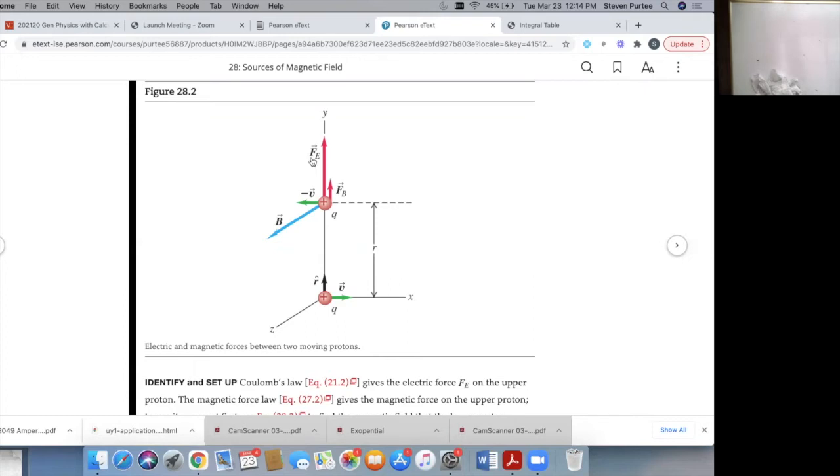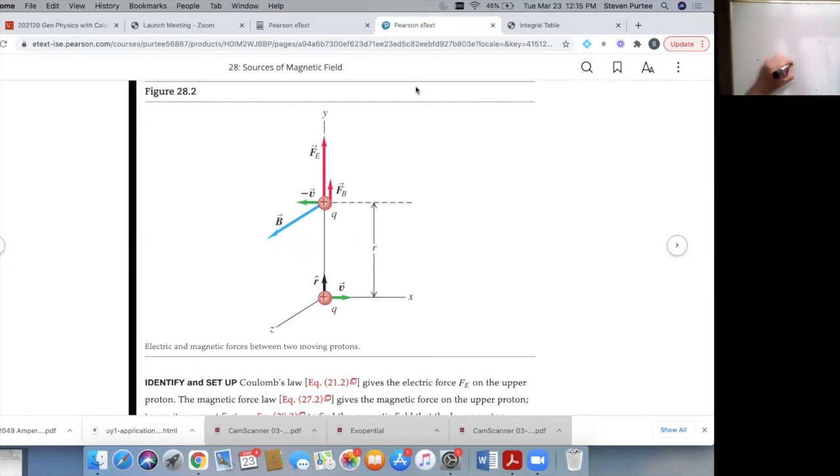The electric field of two positive charges tries to push them apart. So this guy here feels an electric field from him that creates an electric force that points up. He would also feel an electric force that points down, but right now we're just focused on this guy. Now, because both of these are moving, he will also feel a magnetic force. Let's figure that out.